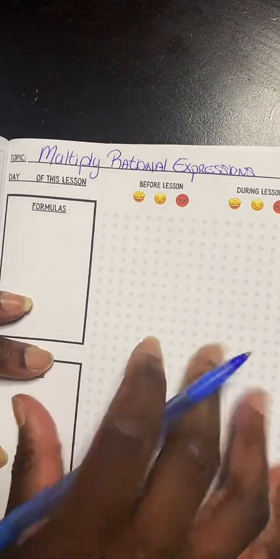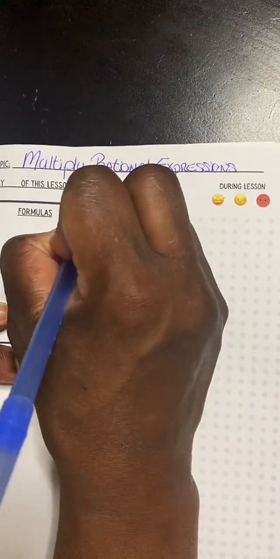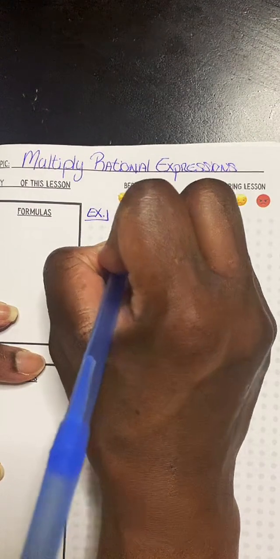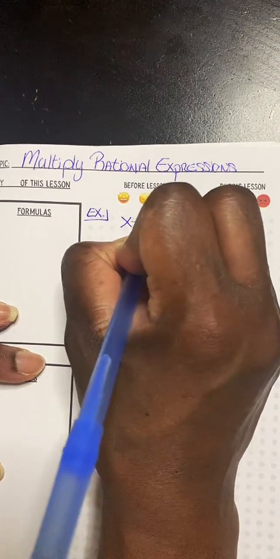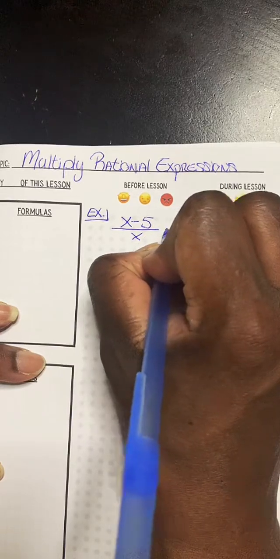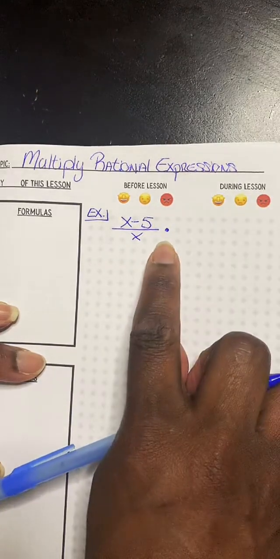So let's think. Here's our first little example, and it's going to look somewhat familiar. We have x minus 5 over x, times, noticing I'm using a dot for multiplication.